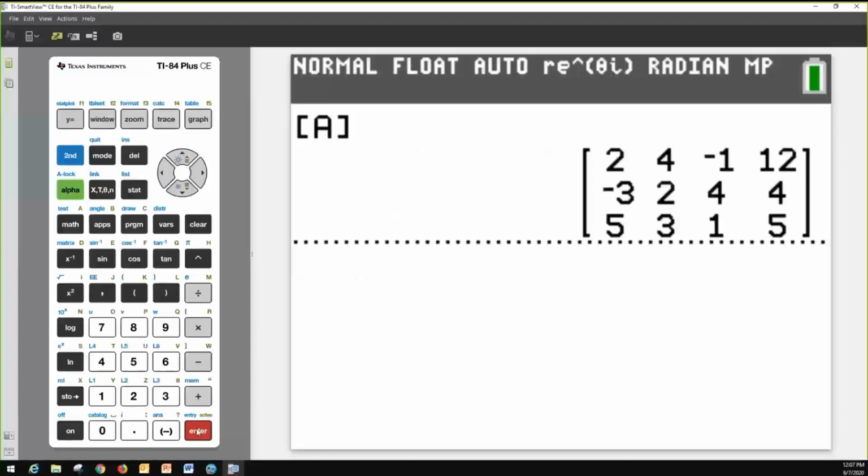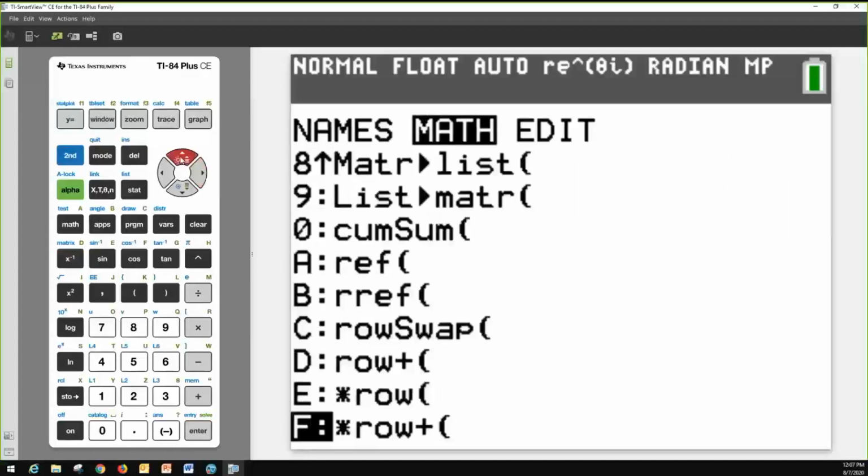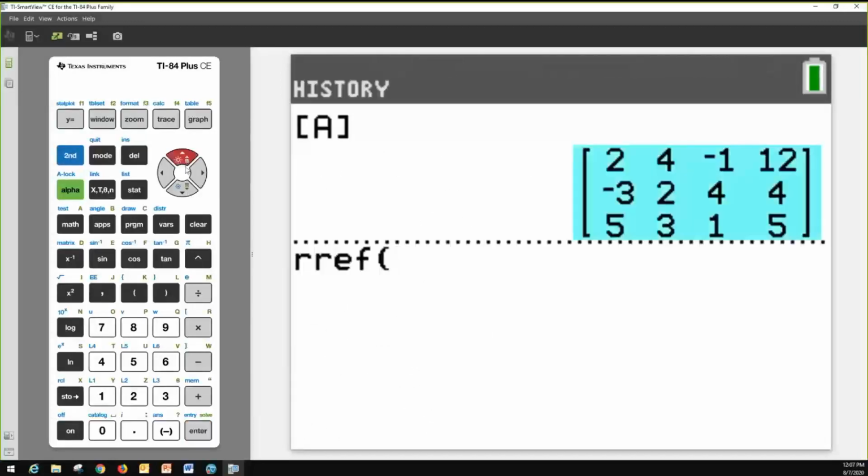So what do I do with that to solve those equations simultaneously? Under the matrix command, in the math section, scroll all the way to the bottom. I just hit the up arrow and I'll select row reduction. I want to do row reduction on that matrix.